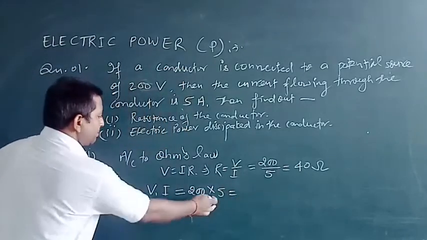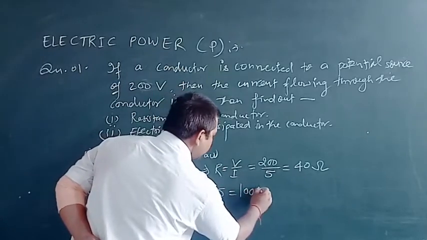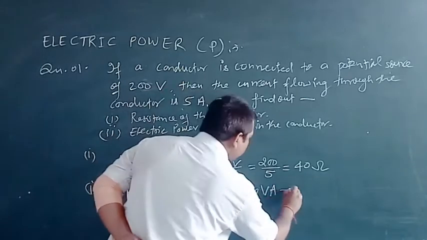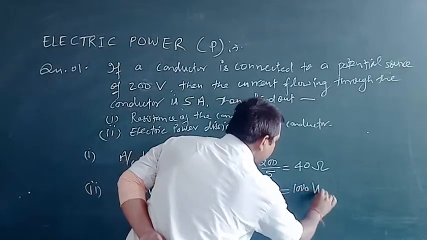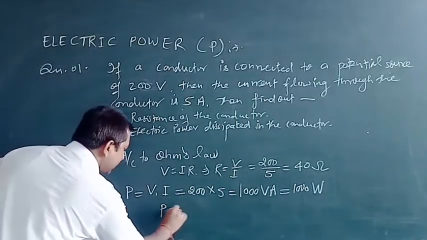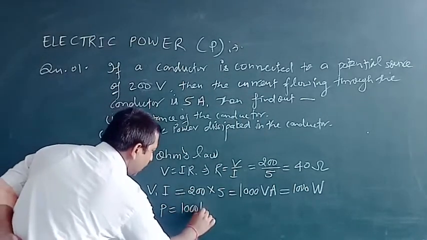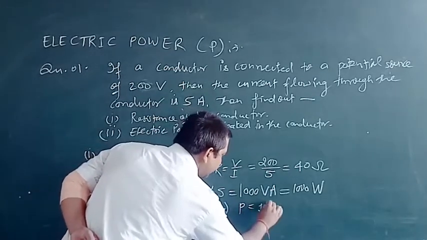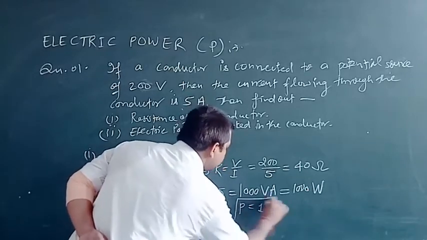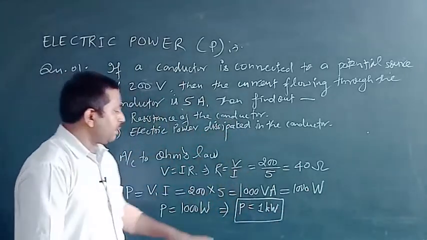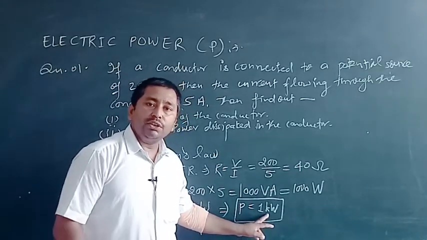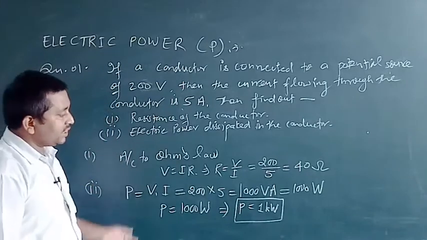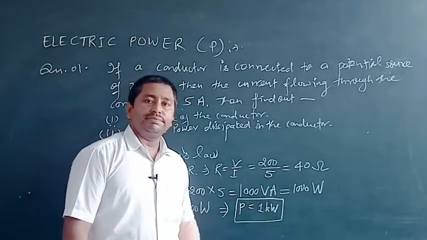So this becomes 1000 volt ampere, or you can also write it as 1000 watt. So the power dissipated in the conductor is 1000 watt, which can also be written as 1 kW, means 1 kilowatt. As we know that small k represents kilo, it means 1000. So the power dissipated in the conductor is 1 kilowatt.